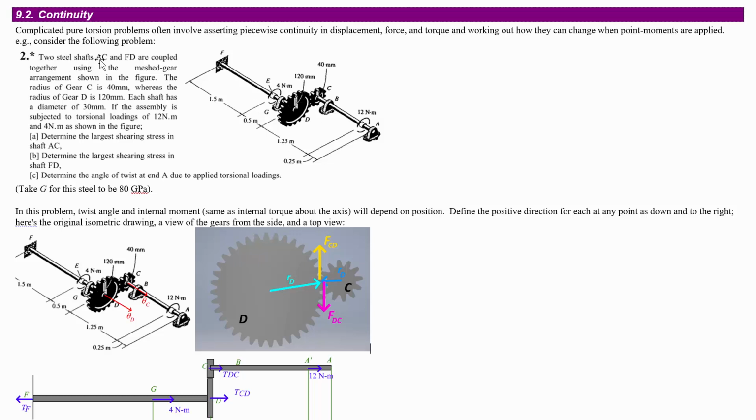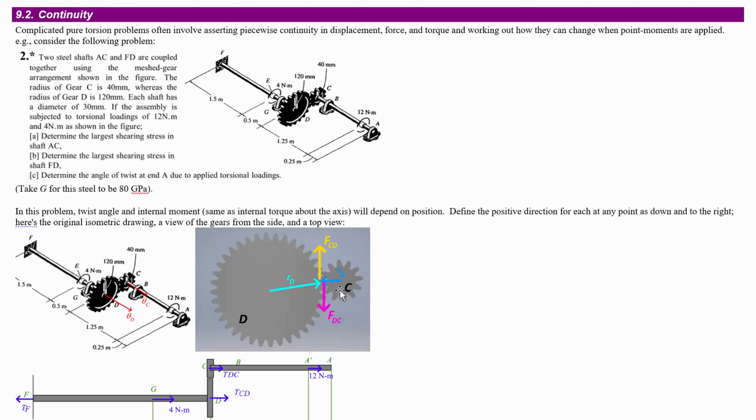In this problem, we have two steel shafts, AC and FD, and they're coupled together with this meshed gear system. So the gears are meshed together. When this one rotates, this one's going to rotate in the other direction, and they're going to transmit the same force at this meshing point.